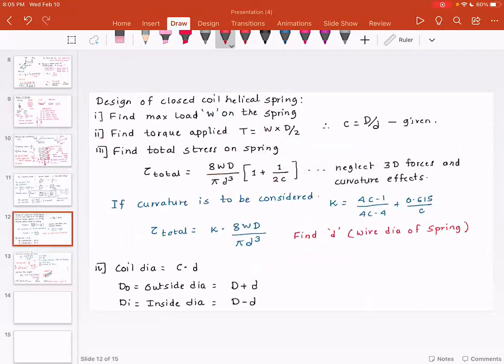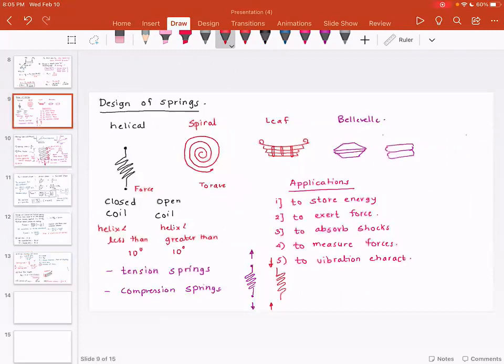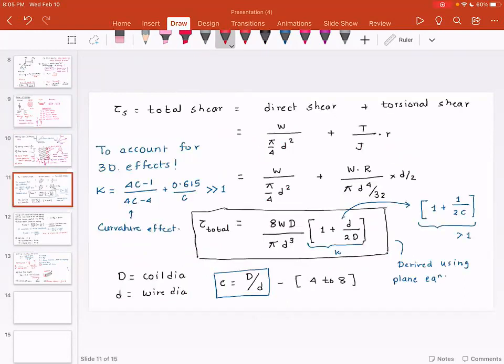So if you look at spring design, there are different types of springs. You can have helical springs, spiral springs, leaf springs, Belleville springs, closed and open coil, tension springs, compression springs. First we are going to look at the design of helical spring, and the design procedure is very straightforward. You have strength based design, wherein you find out the total stress, which is because of the direct shear and torsional shear.